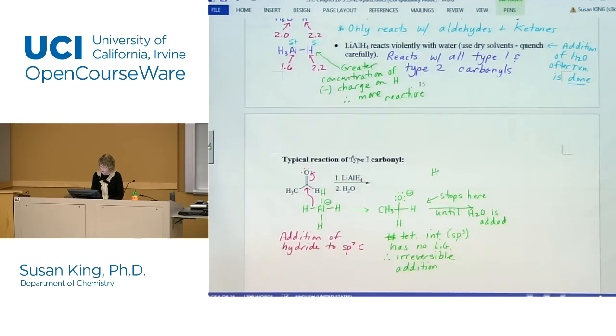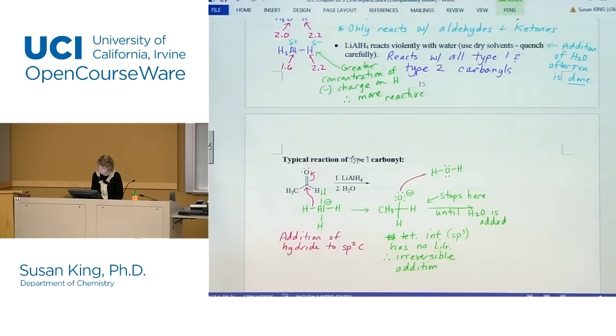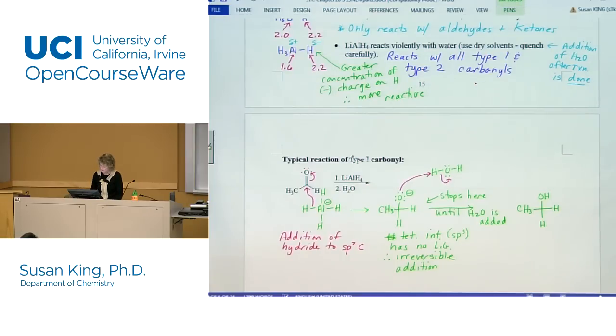And so once you add water, if I ask you the mechanism for this on midterm 1, you would simply show the protonation of the oxygen. That's going all the way back to chapter 2. All right, the result is reduction of the carbonyl.